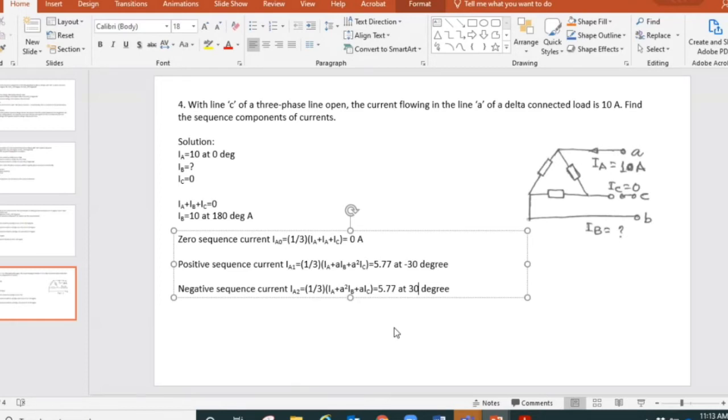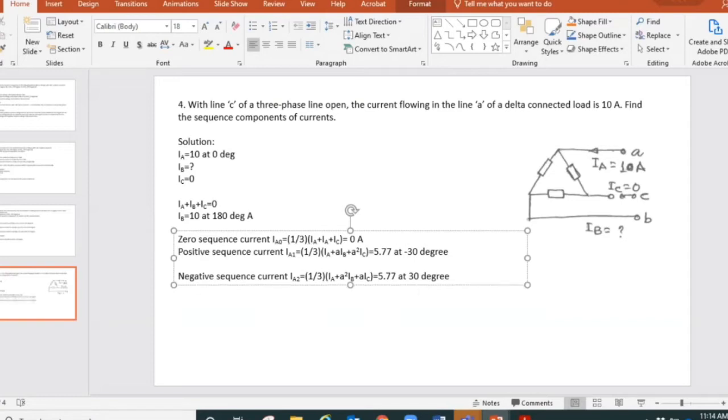We covered that part in our theories. So who has got the answer for IA1? 5.77 ampere at an angle minus 30 degree, and negative sequence current IA2, 5.77 ampere again, but the angle is now positive 30 degree. I guess you got it. Otherwise you can take it from this one.